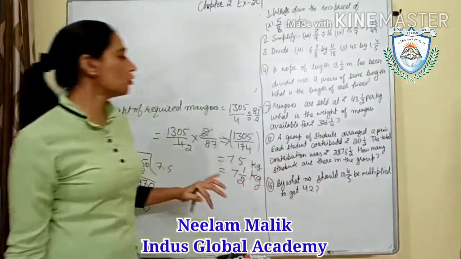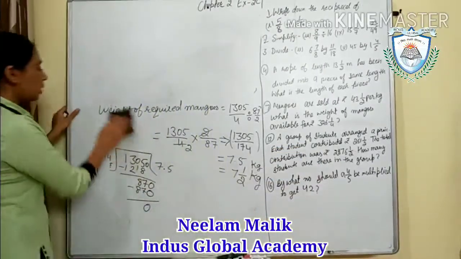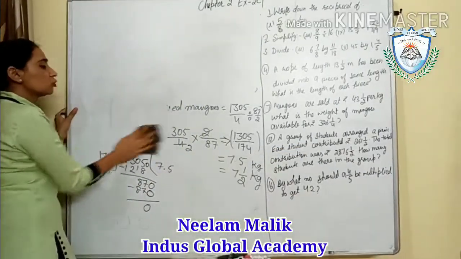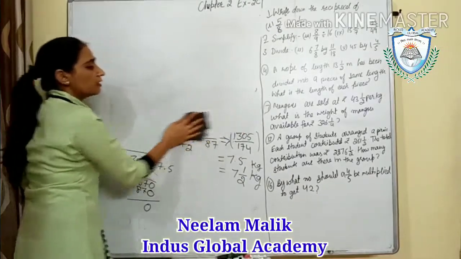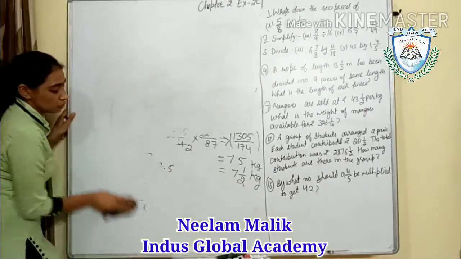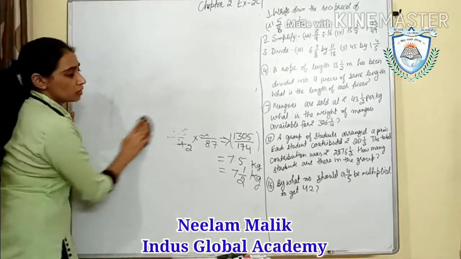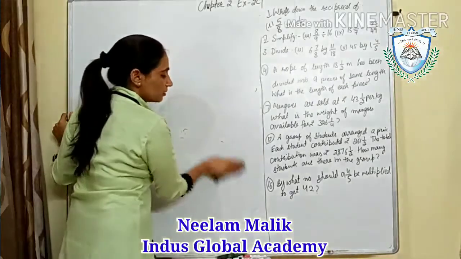The total contribution was this. Means the amount contributed by one student is given, and the complete, or you can say total contributed amount is also given. So we have to tell here how many students are there in that group.